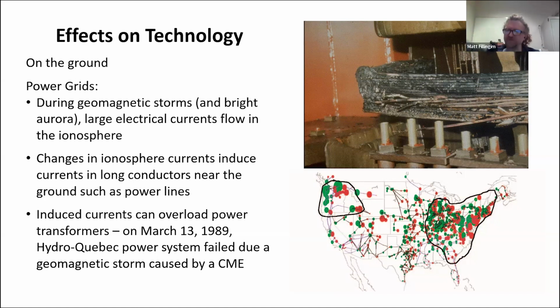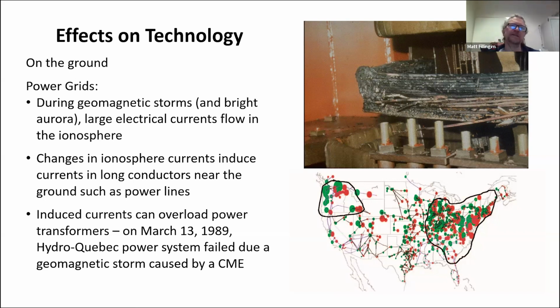Whenever you see an aurora, there's going to be an electrical current flowing in the ionosphere. And changes in those currents can induce currents in long conductors near the ground, such as power lines.